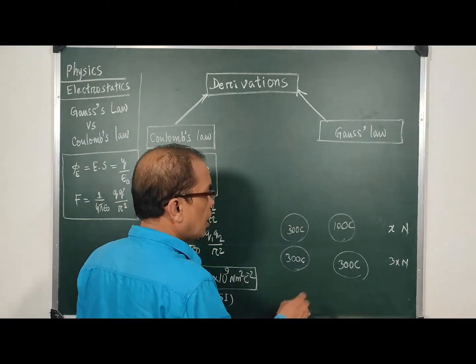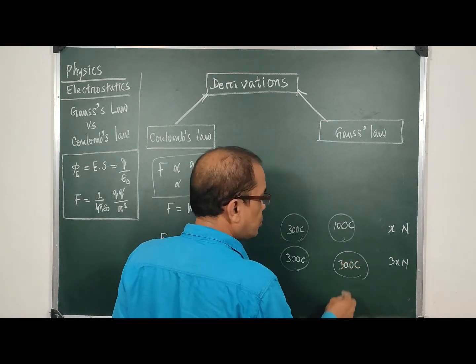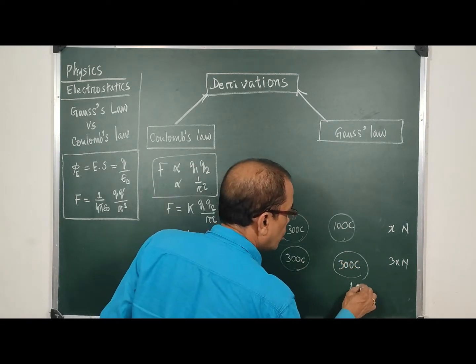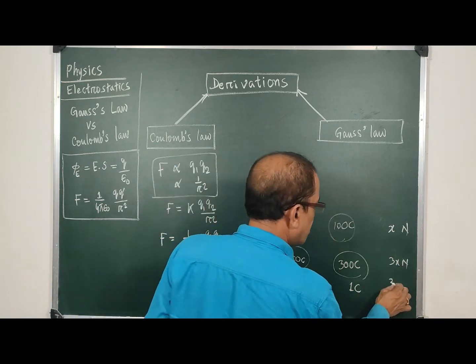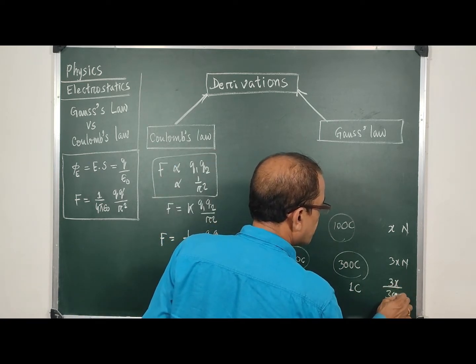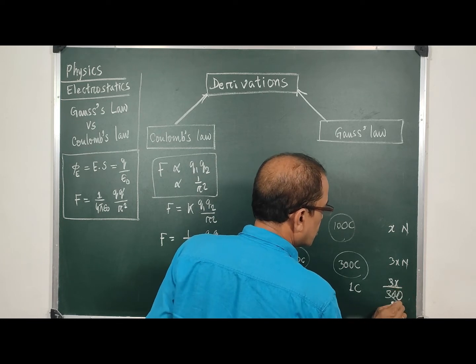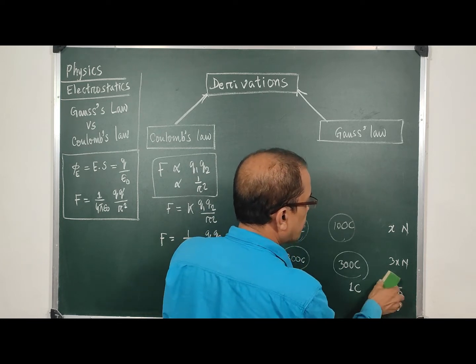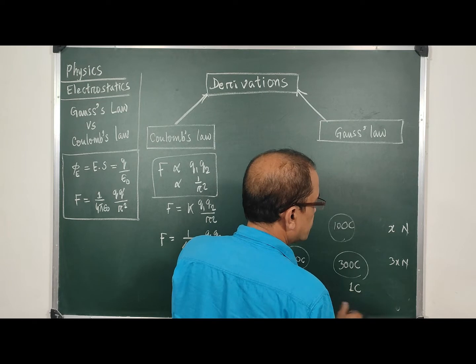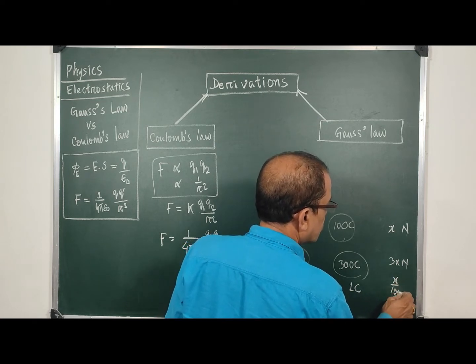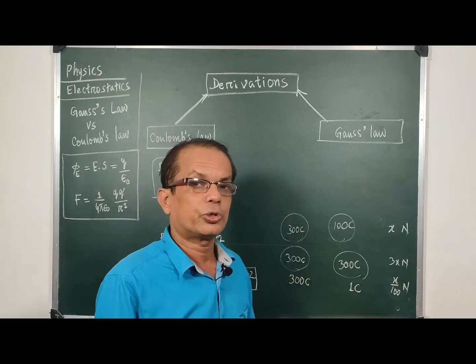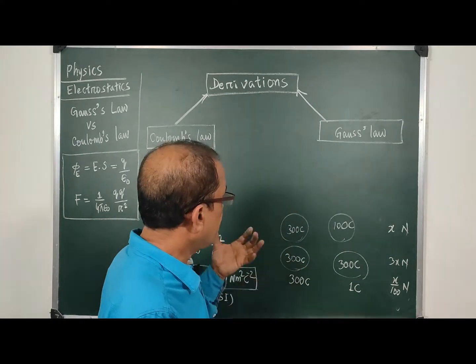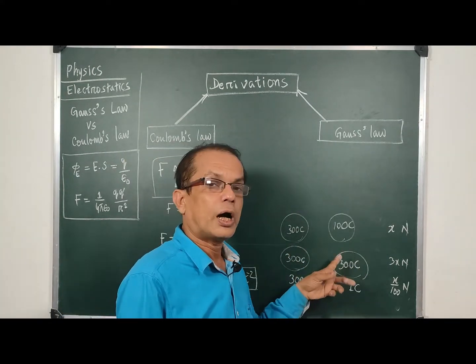And if I just manage to make this 1 coulomb only, then this will be 3x upon 300, which is x upon 100. And this force is otherwise also known as the electric field of this charge at that point.